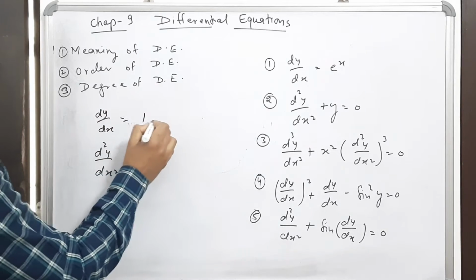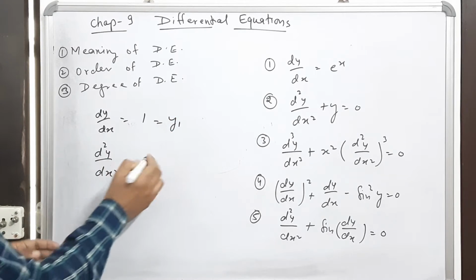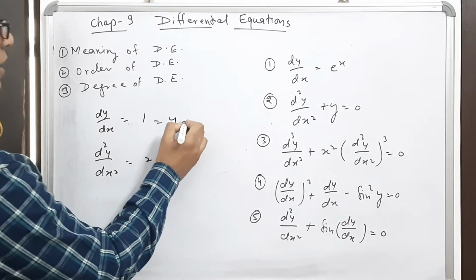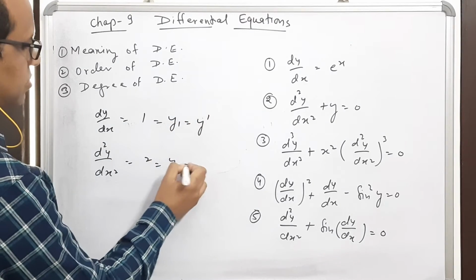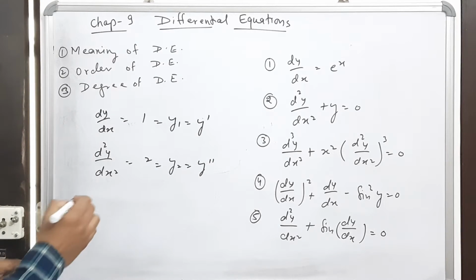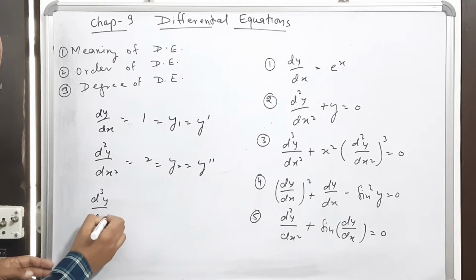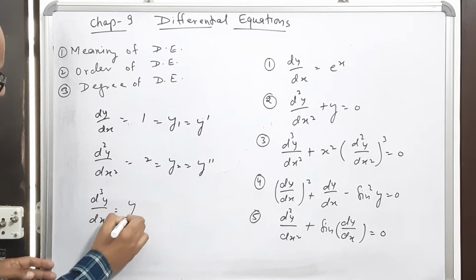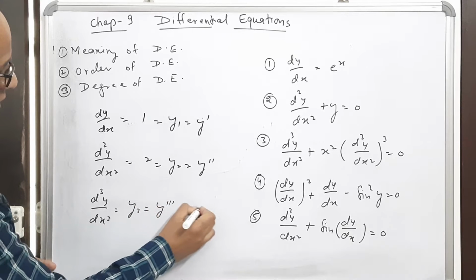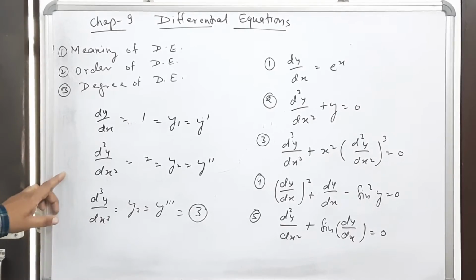This dy by dx is also sometimes written as y1 and d2y by dx square as y2. It can also be y dash and y double dash. Or if it is d3y by dx cube, or y3, or y triple dash, then the order will be 3. So here we will see the highest order.